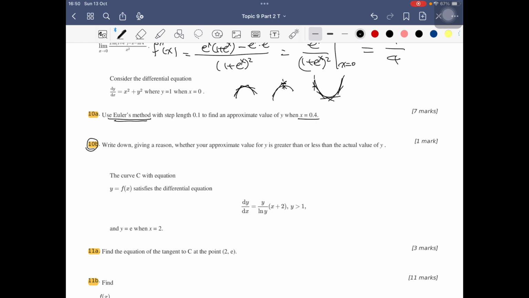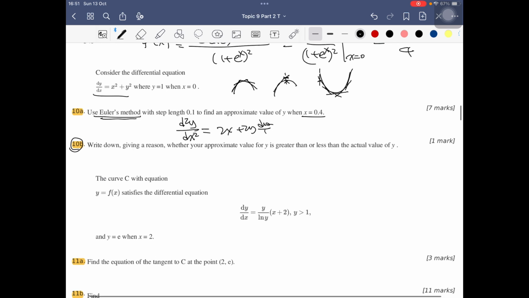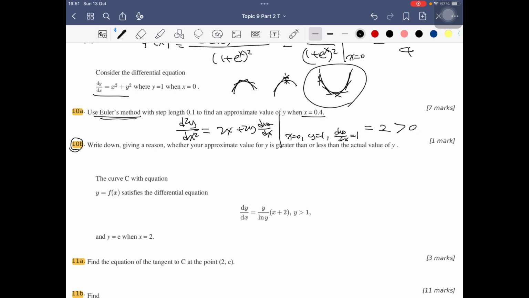So here we need to see the second derivative value, whether it is concave up or down. We will find the second derivative: 2x plus 2y dy over dx. When x equals 0, y equals 1, and dy over dx equals 1, then it is 2, which is larger than 0.